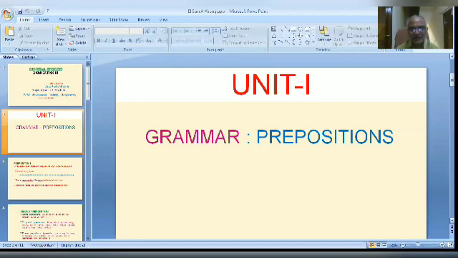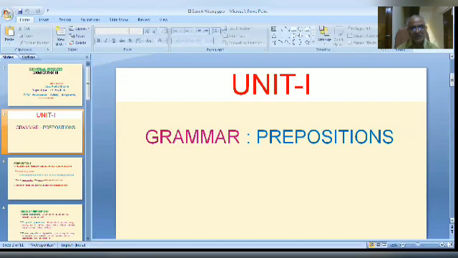Prepositions are a very important constituent grammar thing in the English language, because you take any sentence, there will be at least one preposition present. Prepositions are one of the groups in parts of speech.